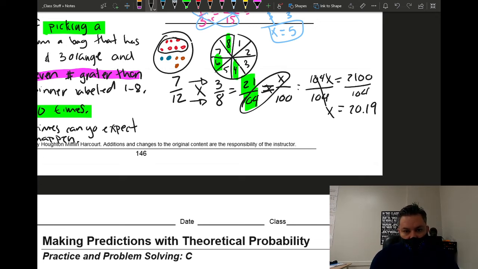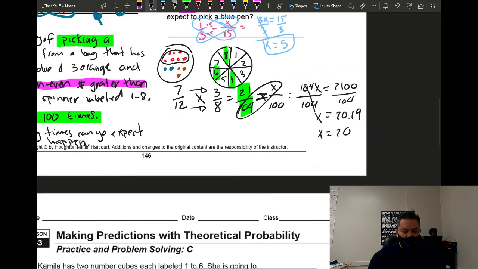Okay, in these scenarios, you're always gonna round. So my x, the probability of this thing happening in 100 tries is gonna be 22. So you can expect the combination to happen 22 times if you do the experiment 100 times.